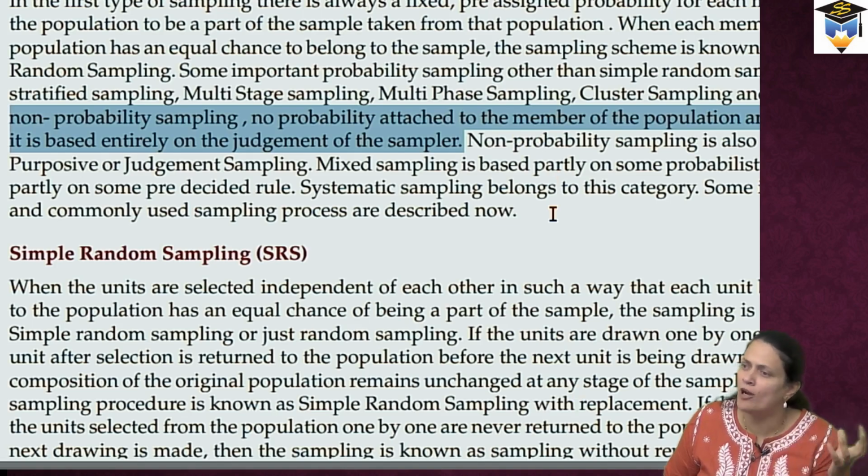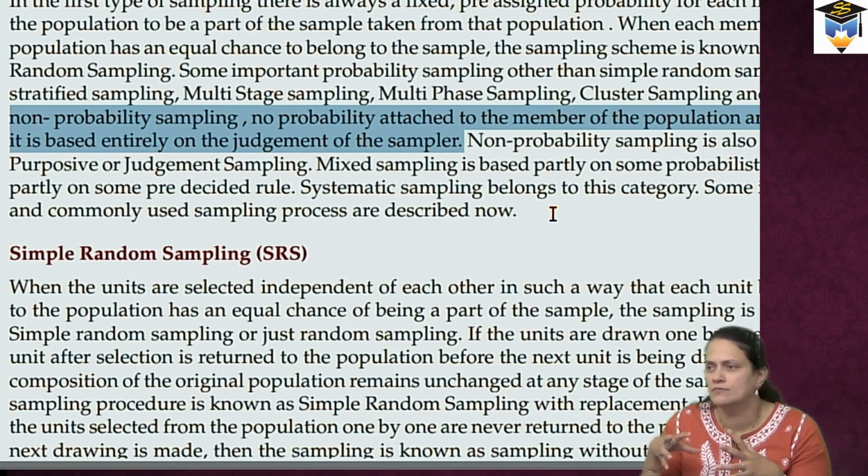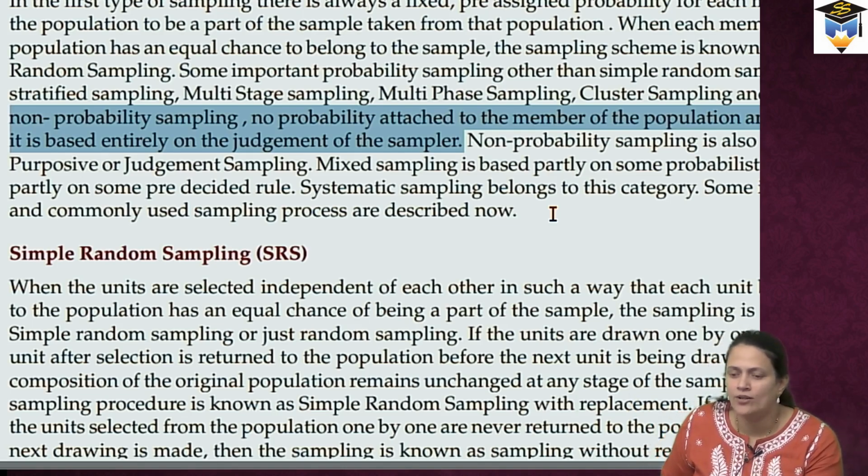Mixed sampling is a combination of probability and non-probability. Okay, now SRS, simple random sampling.